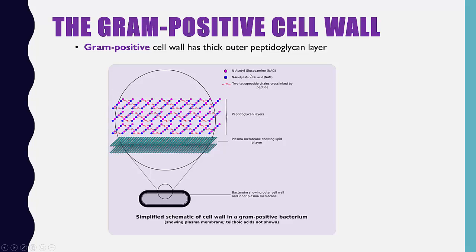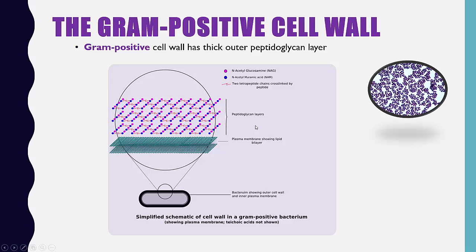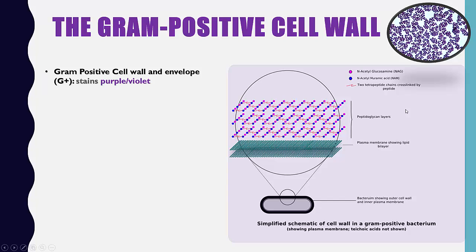All right, so this is a little bit easier to see. It doesn't show everything here, but the gram-positive cell walls have a thick outer peptidoglycan layer sticking out. And again, you have the sugar bars, NAG and NAM, and then the cross links of peptides. And that's your gram-positives.